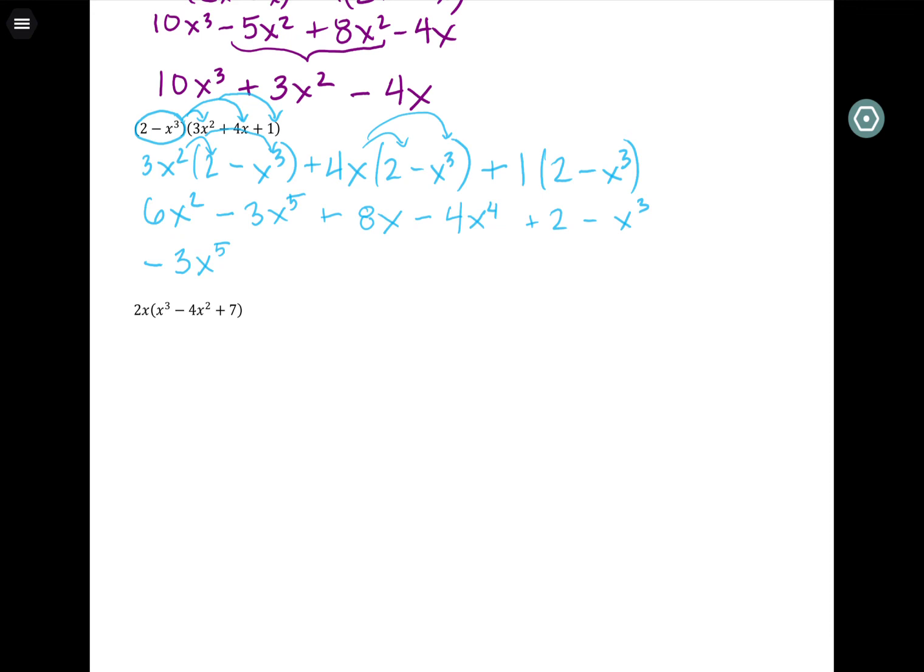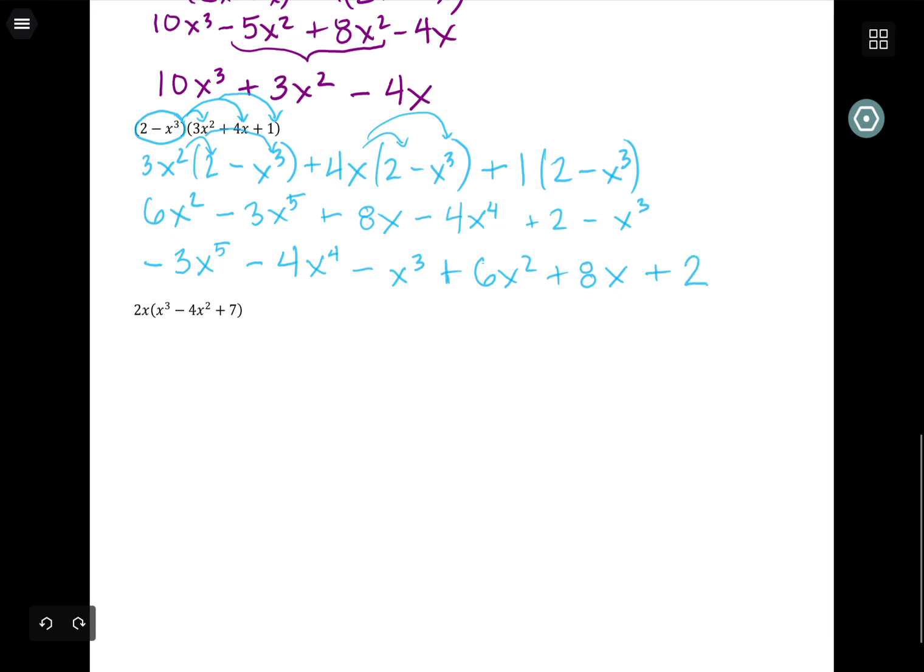So descending order just means you put the biggest power first, and then you write them in order. So the 5th power, then the 4th power, then the 3rd power, then the 2nd power, then the 1st power, and then the constant.